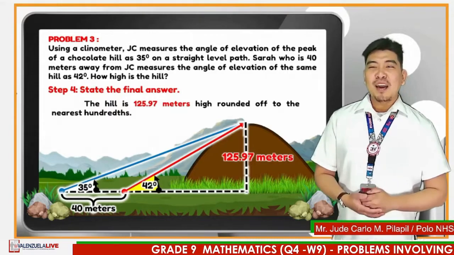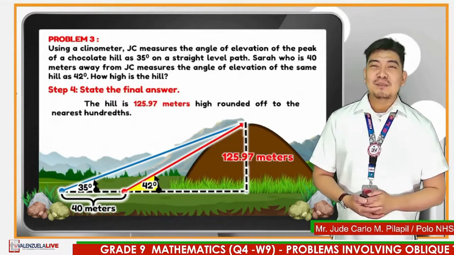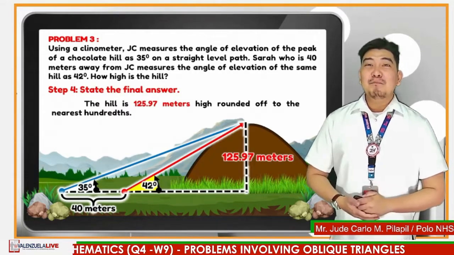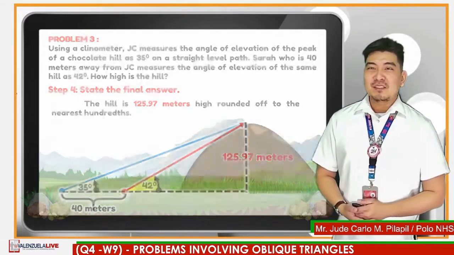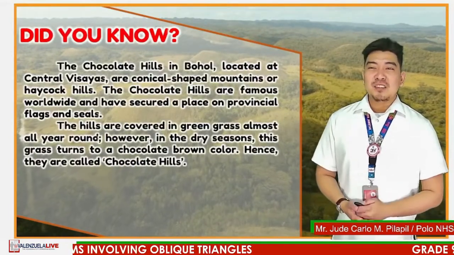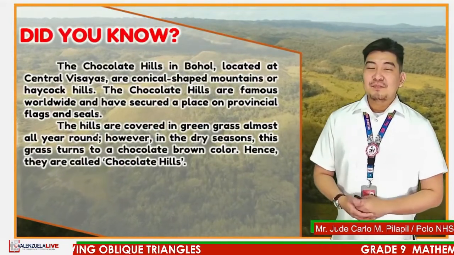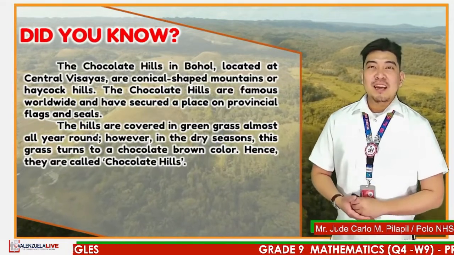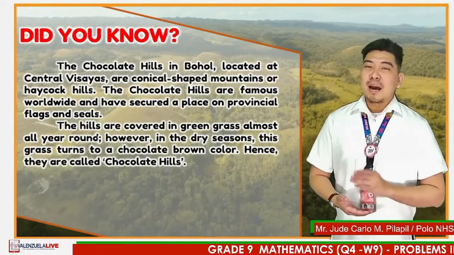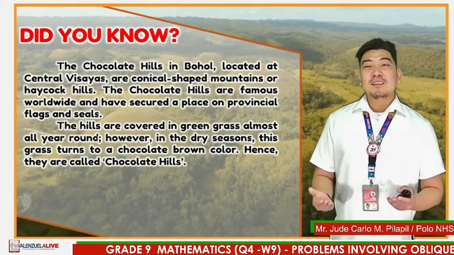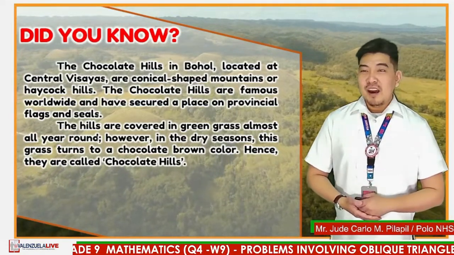Where can you find this fascinating place? That's right. These hills can be found in Bohol, Philippines. Let me share with you these bits of information about the chocolate hills. The chocolate hills in Bohol, located at Central Visayas, are conical-shaped mountains or haycock hills. The chocolate hills are famous worldwide.